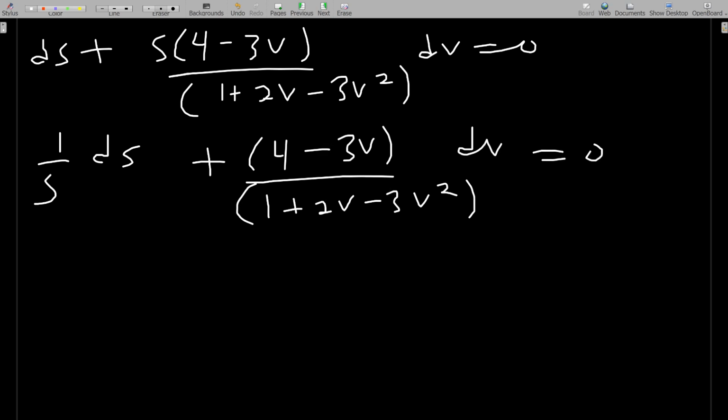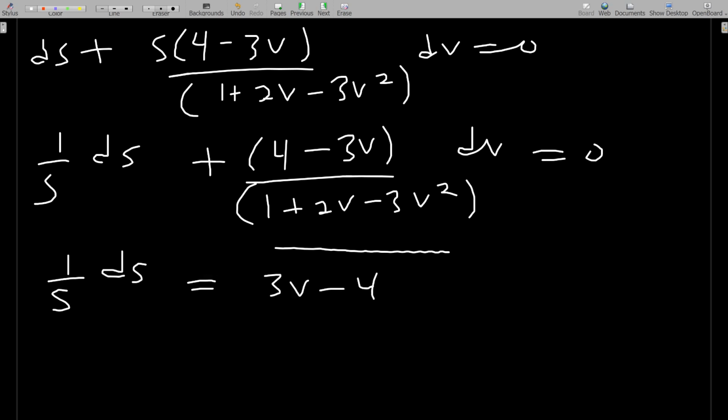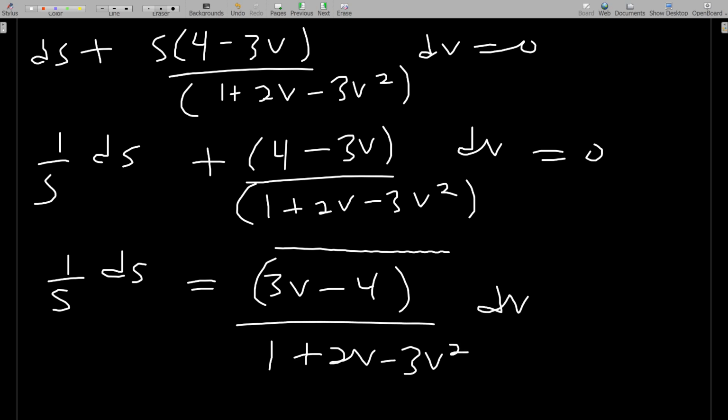Okay, so if I take this one to the right side of the equation, I have 1 over s ds, and this should be equal to 3v minus 4, because I'll get the negative of that, over 1 plus 2v minus 3v squared dv.